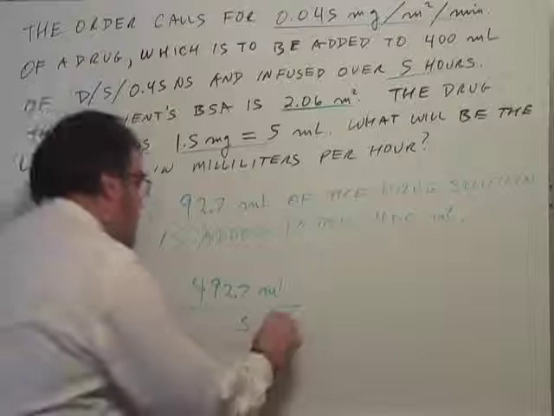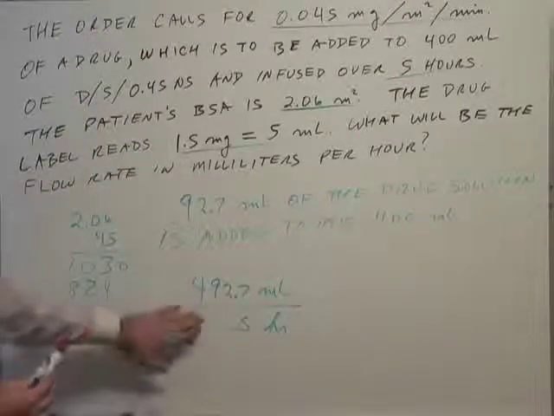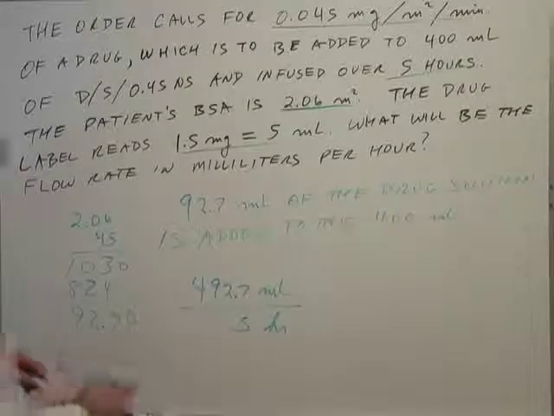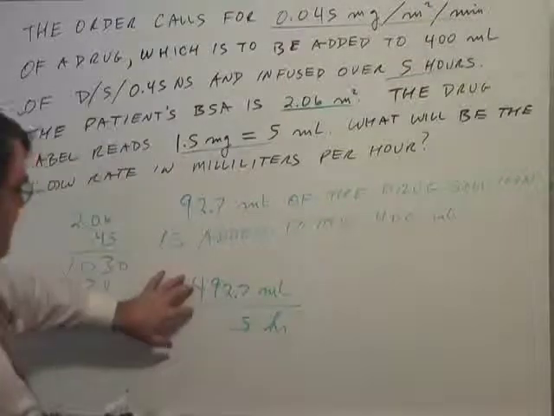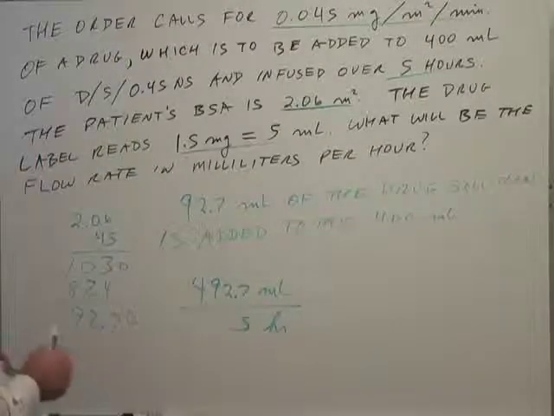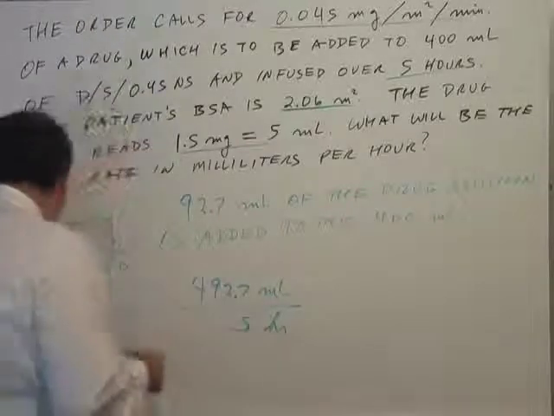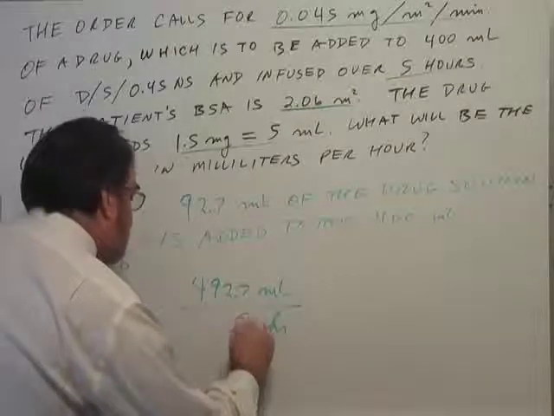So we wanted milliliters per hour, so there's our calculation, milliliters per hour. And all right, so that's going to be just a little bit under 100, isn't it? Let me rewrite that a little more neatly.